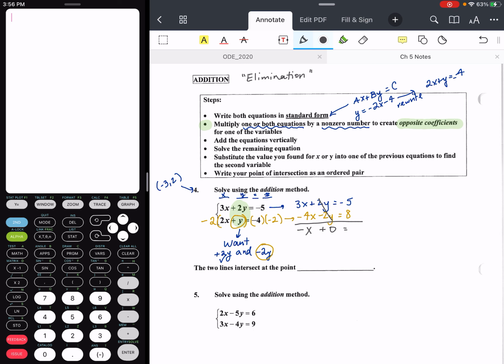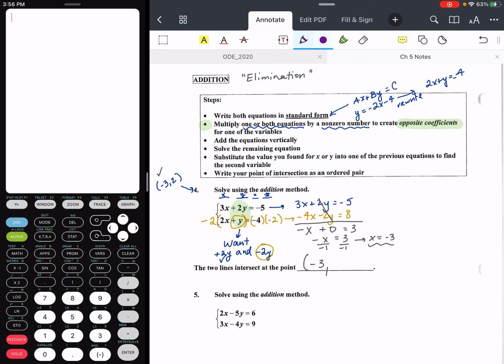And then -5 plus 8 gives me 3. So this says -x equals 3. Divide both sides by -1, and we get x equals -3. So that's our x coordinate, and so far so good. Remember, I was expecting to get -3, 2. We've got -3 for x so far, so that's a good sign.